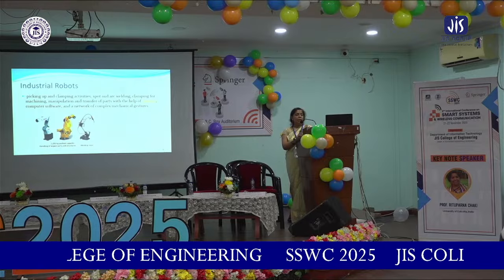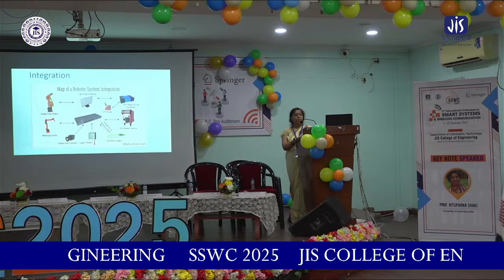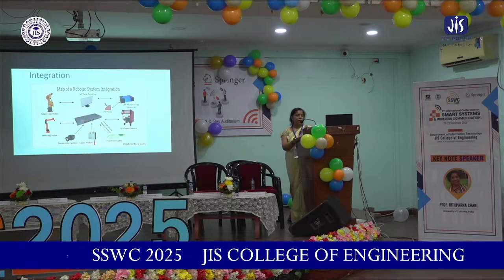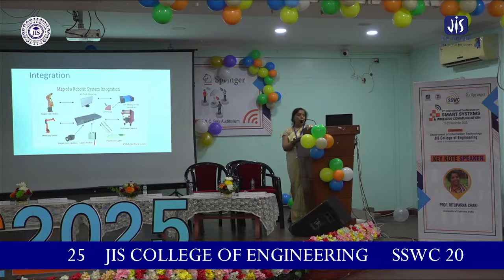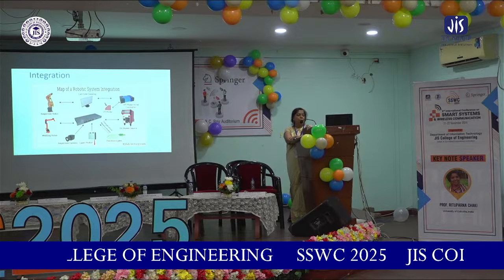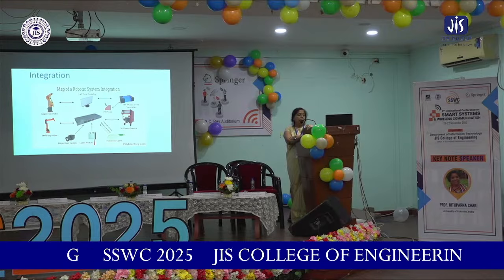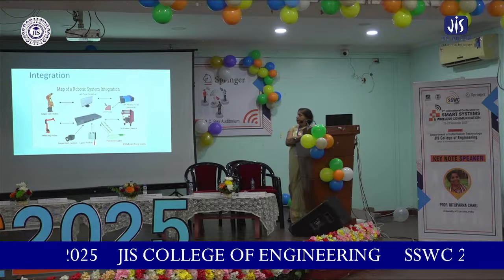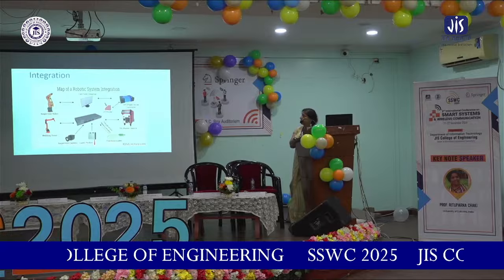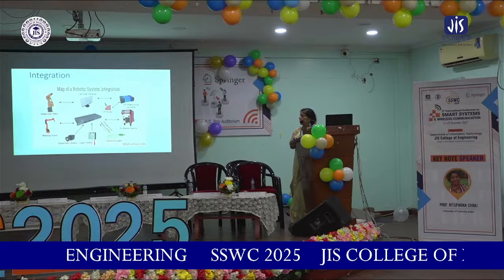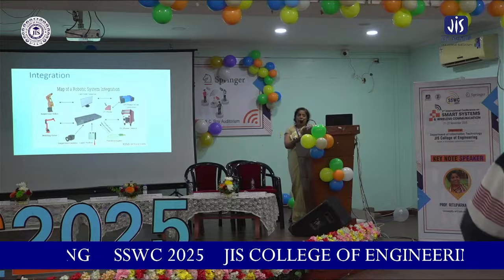So the basic map of a robotic system integration is something like this, where you can have the inspection robot, the welding hands, the basic power system, the LabVIEW desktops, the UT probes, the cameras, and the laser profilers, and many more things.